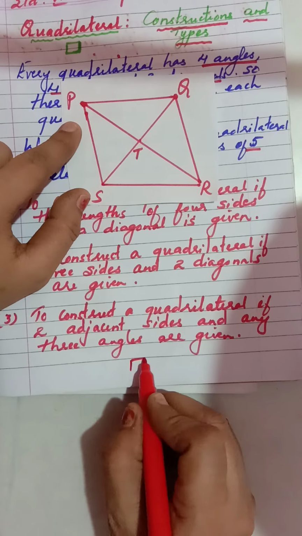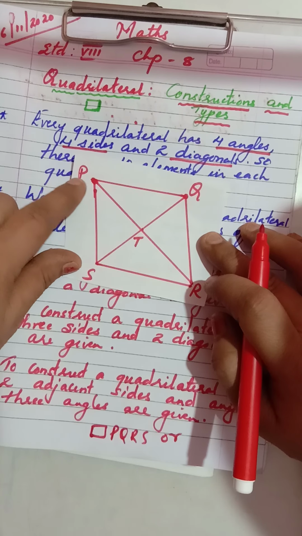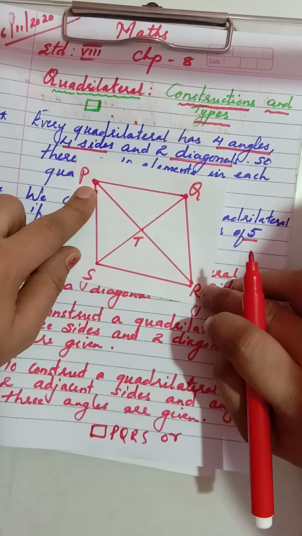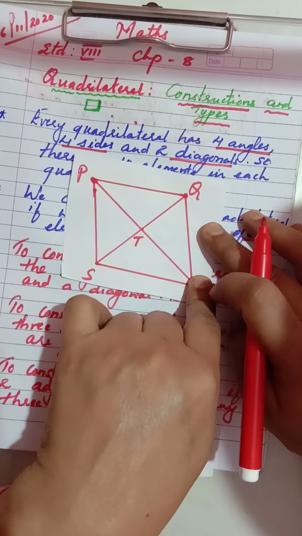That means clockwise and anti-clockwise, both. But you cannot name it, suppose you take point P, then you write R; it will become wrong. You cannot name the quadrilateral that way. You have to follow one sequence, either go clockwise or anti-clockwise.